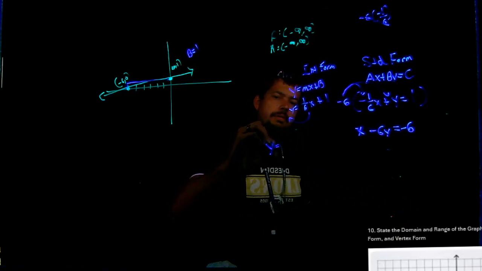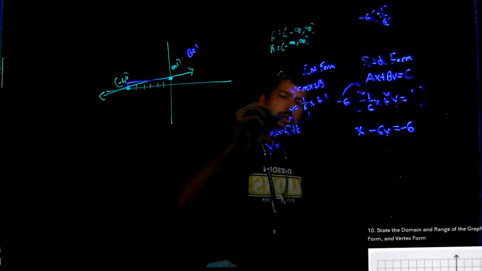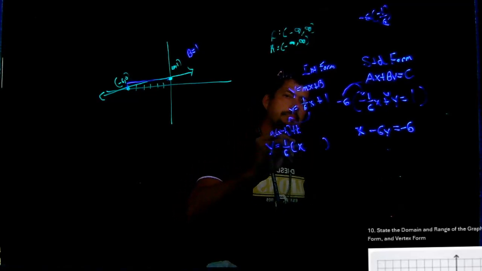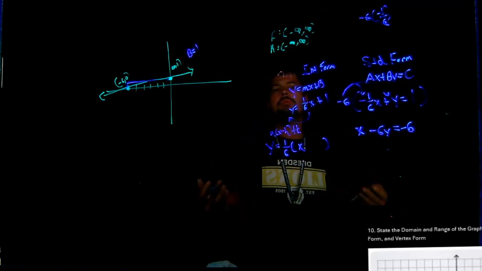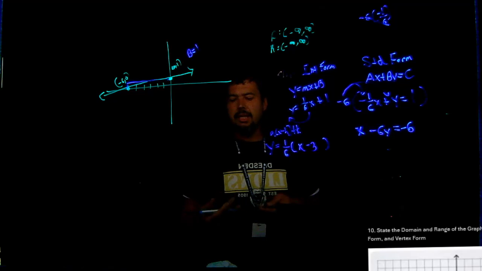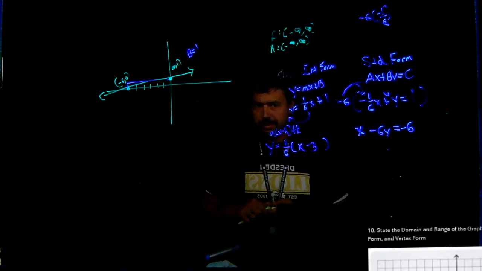To write in vertex form, which is a times x minus h plus k, we're going to pull that sixth out. And I'm just going to make up a number. Let's say, I'm going to do something easy. Minus 3. And I'm going to think about what I have, okay? The reason I chose minus 3 will be apparent in a minute.